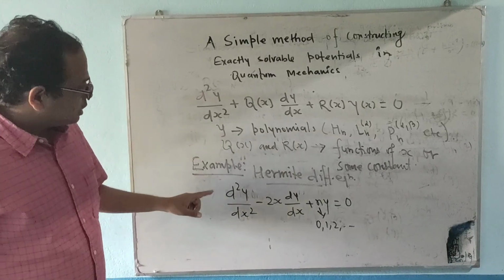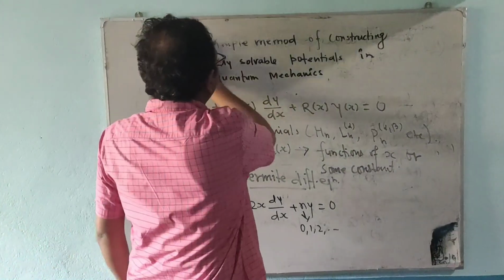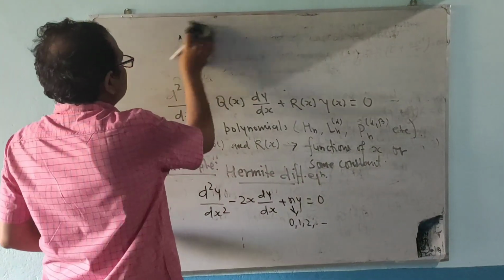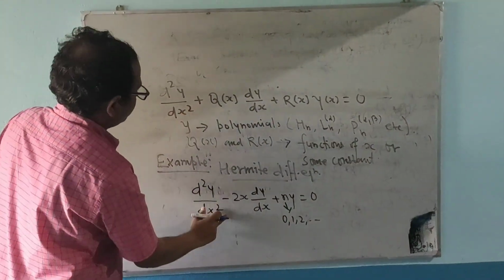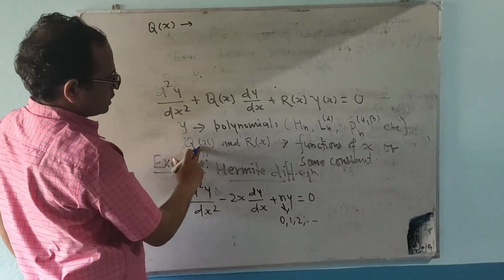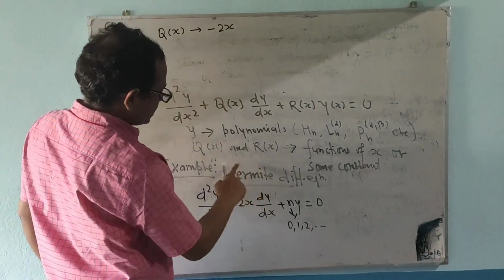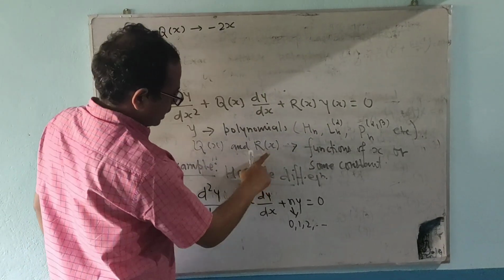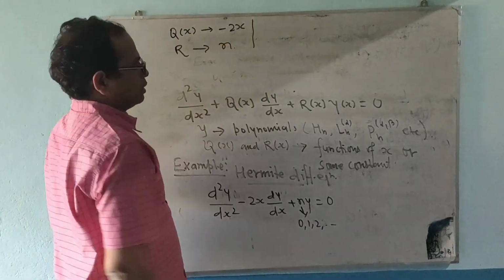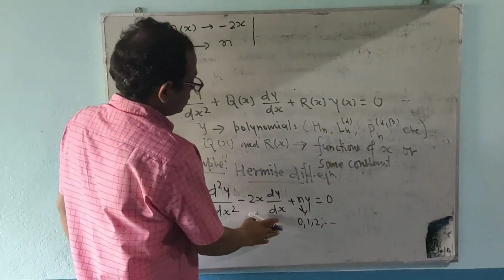In this case, if you compare these two, what we get? Compare this one with this one, we get q of x is equal to minus 2x, and r may be a function or constant. So here r of x is equal to n. Okay.